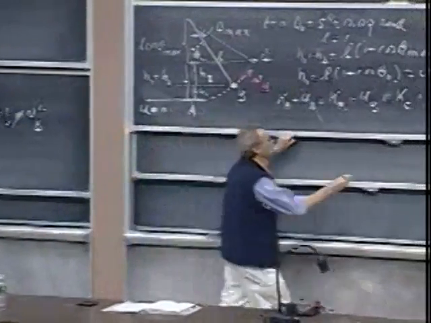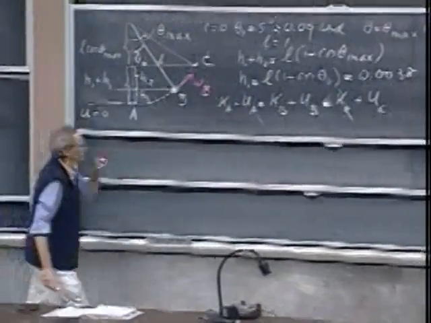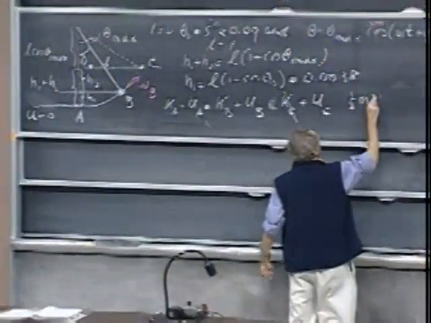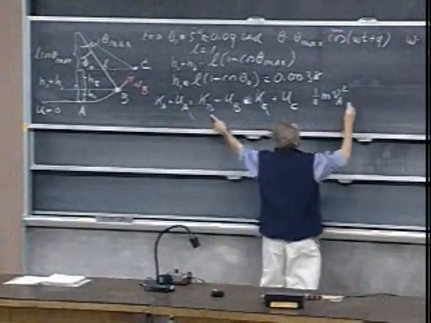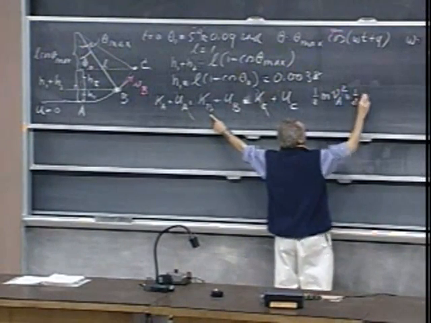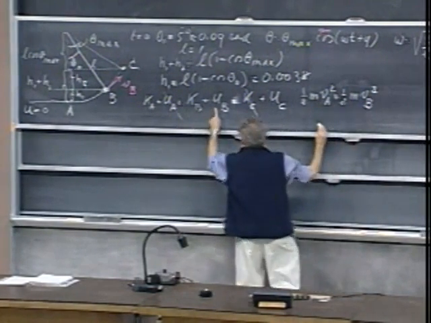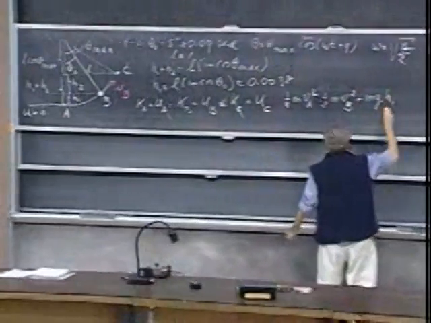The kinetic energy at C is 0 because it comes to a halt. So now we can write down that 1/2 m VA squared equals 1/2 m VB squared plus mg times h1.